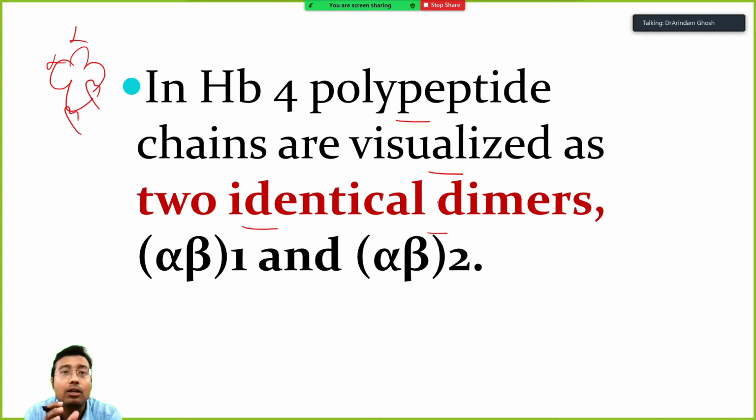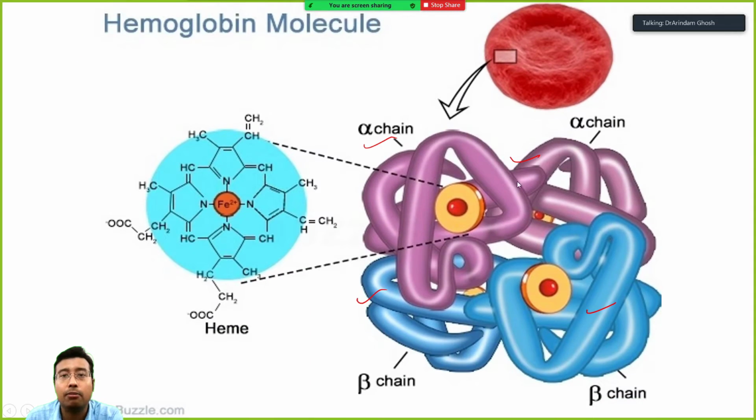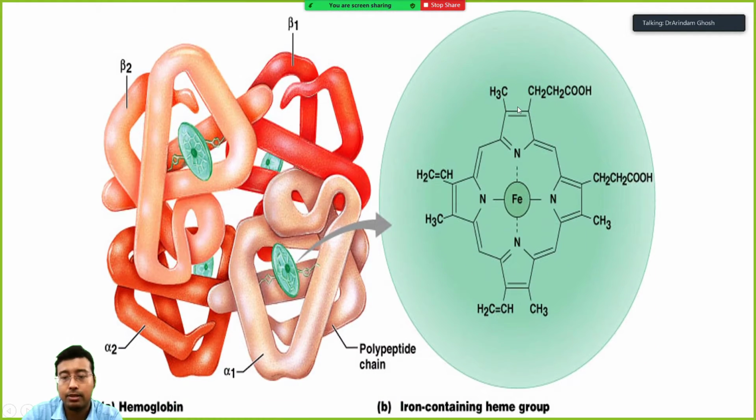Dimer means two identical units, and the two dimers make the individual protein. We read that it is a tetramer, two alpha and two beta, but functionally it can be subdivided into dimers. Remember, dimer means identical. So two alpha and two beta are not dimers because they are not identical. What are the dimers? Alpha beta is a dimer. If we divide it from here, this will be a dimer.